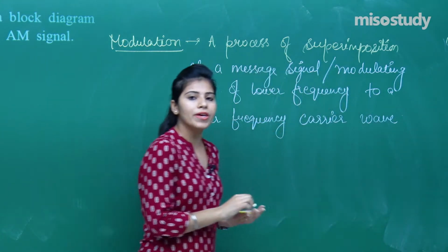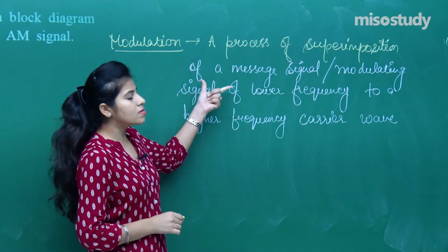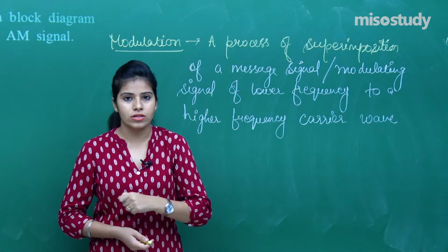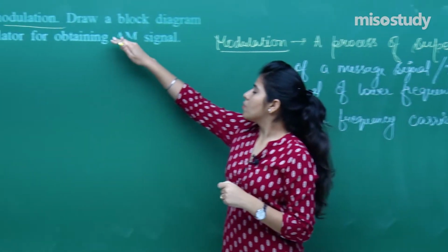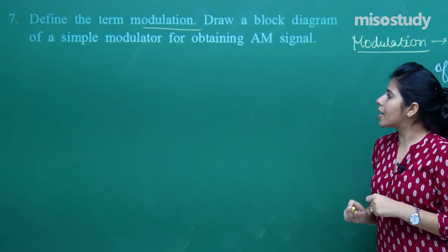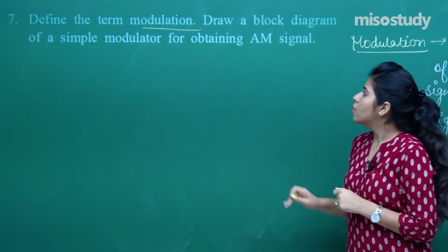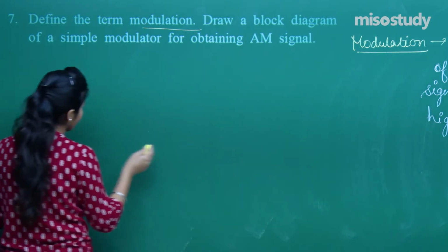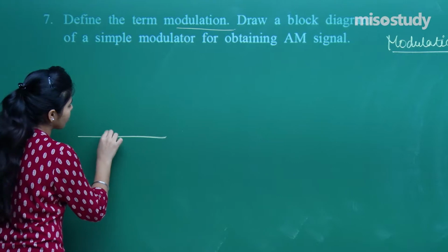This process will be called as the modulation. So this is the definition of modulation. We have defined the term. Now we have to draw a block diagram of a simple modulator for obtaining AM signal. So let's start making the block diagram. This is the modulating signal.